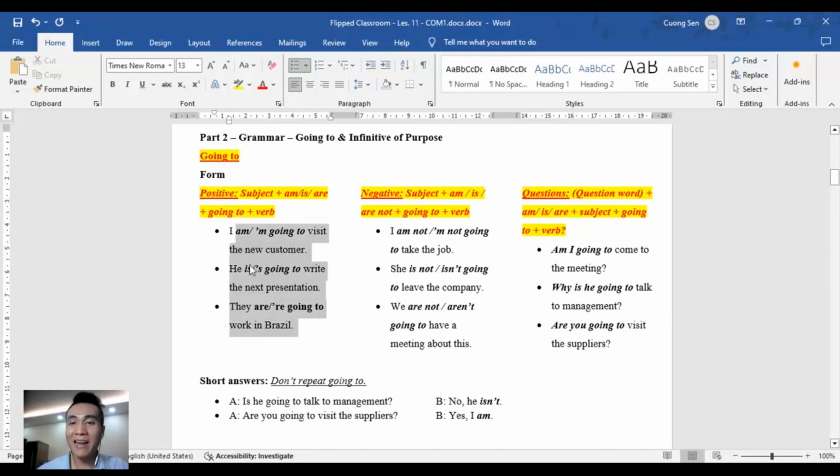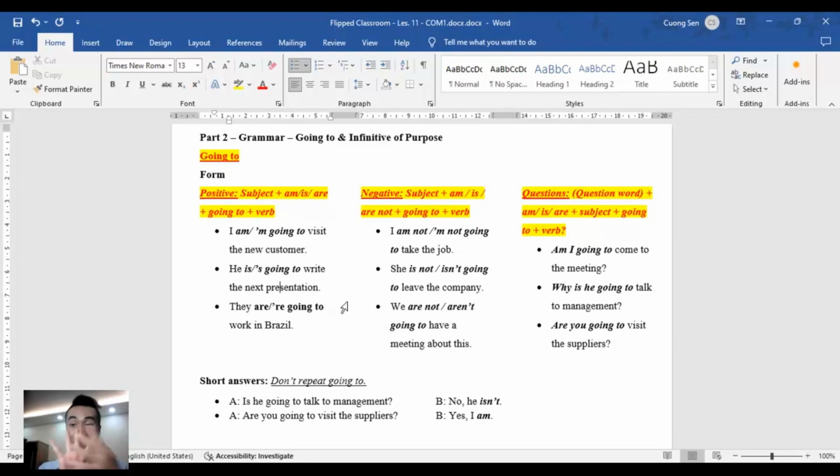So that's easy. That's about the form. We need subject, am, is, are depending on the subject, and we need going to. And the last one is a verb. So subject, am, is, are, going to, and verb. Done. Easy. And for negative, it's also a lot easier. For the positive we have subject, am, is, are, and for the negative we add not, then going to, and the main verb.